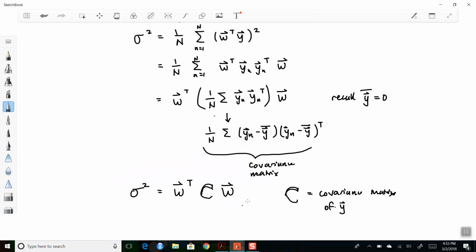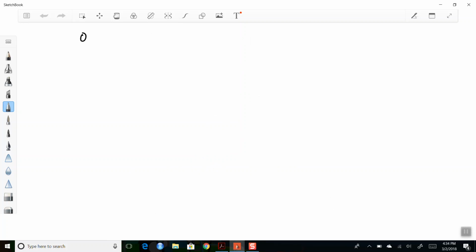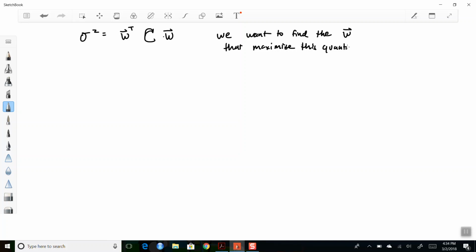So far we said the variance is this thing, and what we want to do is find the vectors W that will maximize this quantity subject to the constraint that W transpose W is equal to 1.